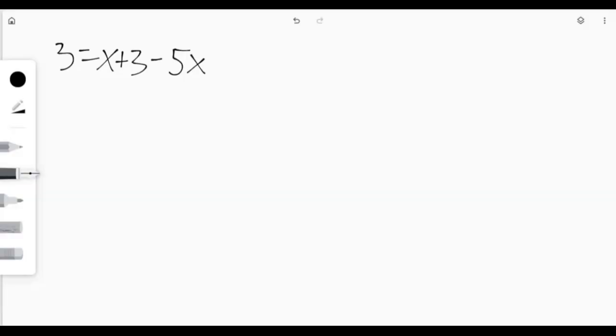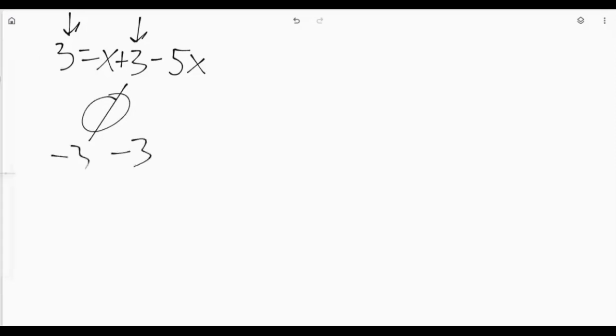For this particular example, we actually don't really need to show our work. We can do this with some mathematical reasoning. However, we will solve it anyway just to prove our thinking. I'm going to predict that this particular question is 0. I say that because our only constants, which are this 3 and this 3 here, are on opposite sides. That means they're going to cancel out if I do anything to this 3 on this side.